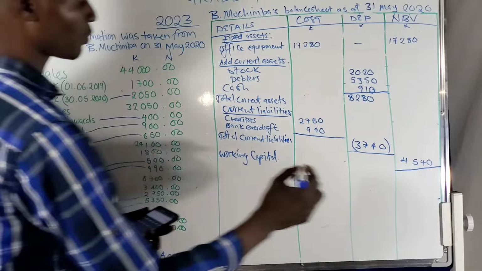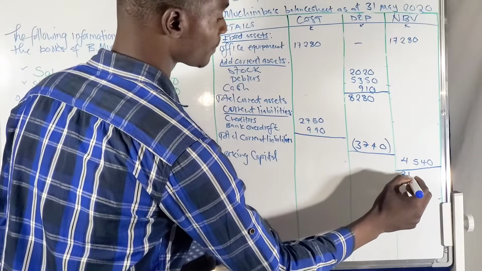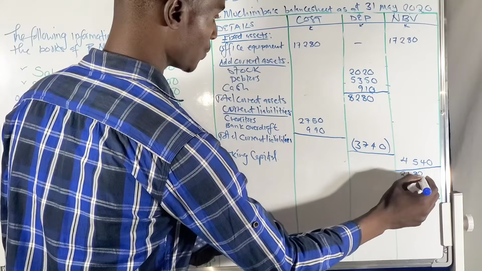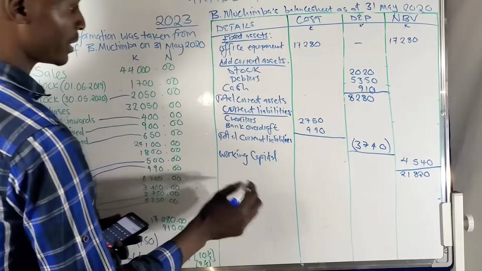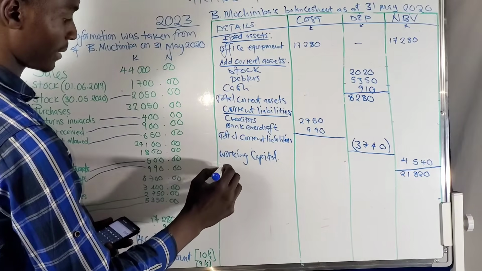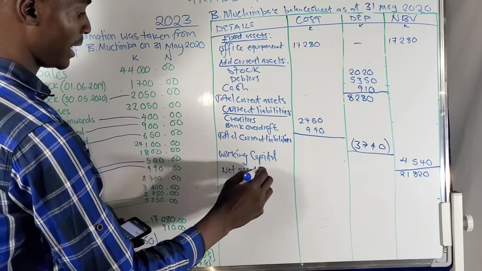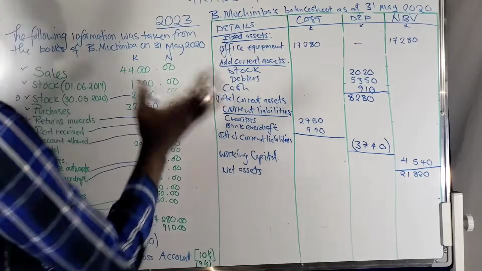We're going to have 21,820. This one is called net assets. Okay, the first part is done.